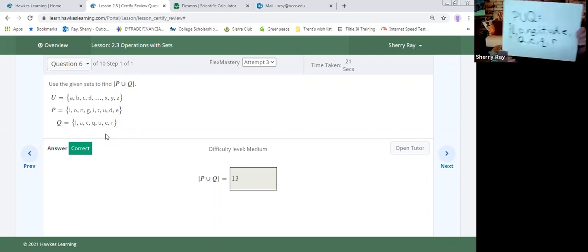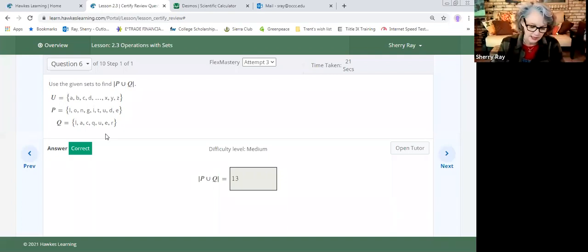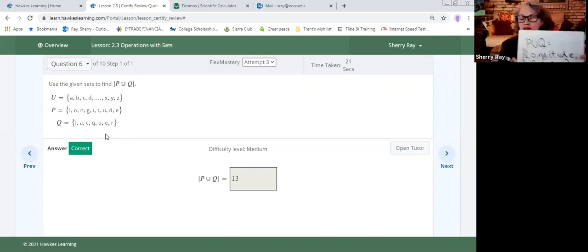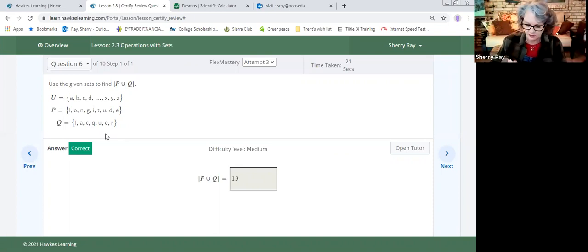So I just listed all the elements that are in P or Q. Do not repeat an element. And then you count the number of elements, and I got 13 elements.